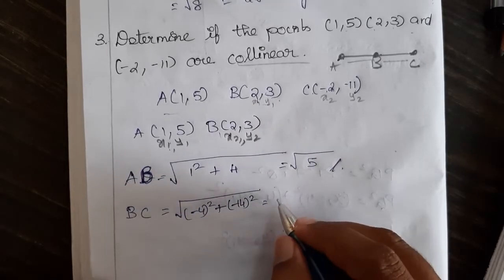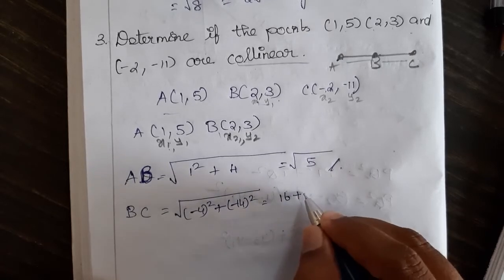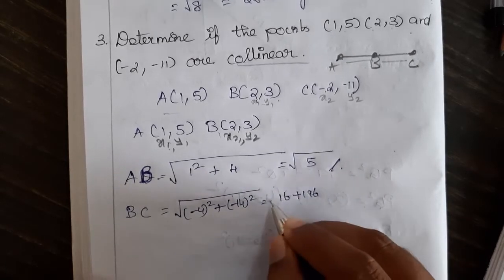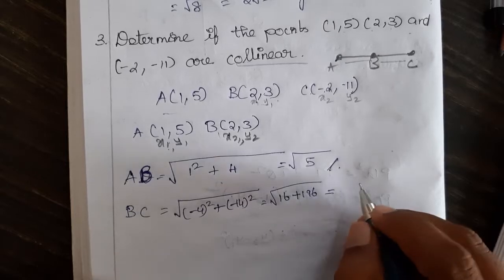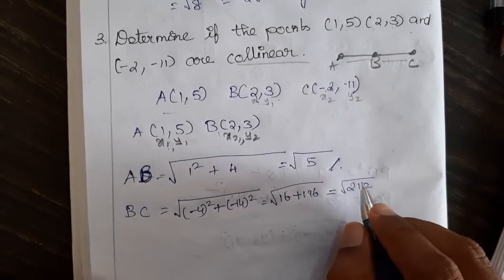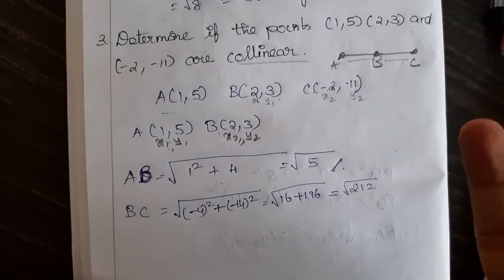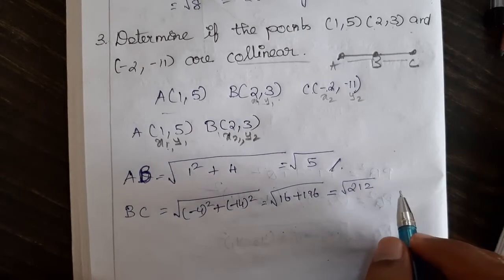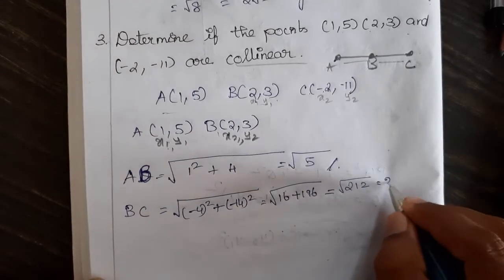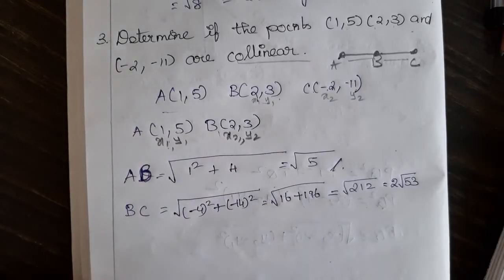So 4 square is 16, plus minus 14 square is 196. 14 into 14 is 196. If we add, we get 212, square root of 212. Square root of 212 we can write as 4 into 53, right? 4 into 53 is 212. So the 4 we can write as 2, into square root of 53.